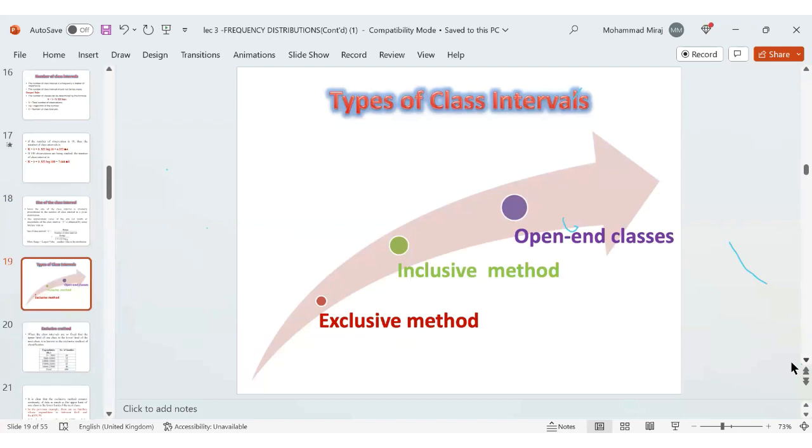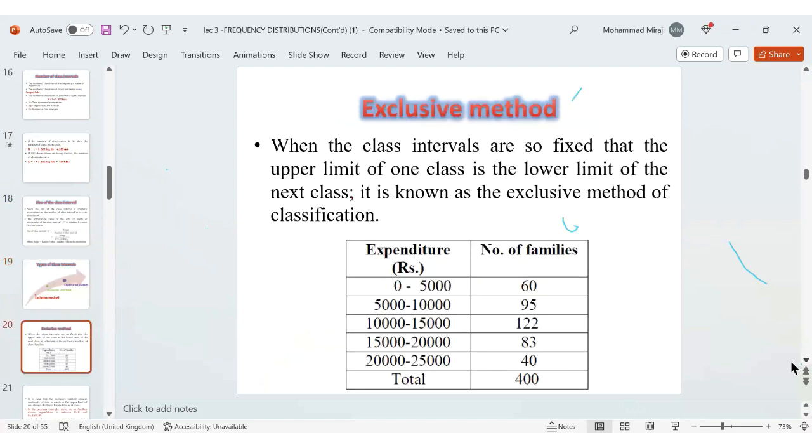Okay, so class intervals, if you see in any frequency distribution, you can use 3 different methods. One is known as the open-ended classes, inclusive classes, and the exclusive classes. So the exclusive method you can see over here. The finishing limit of one is the starting limit of the other.